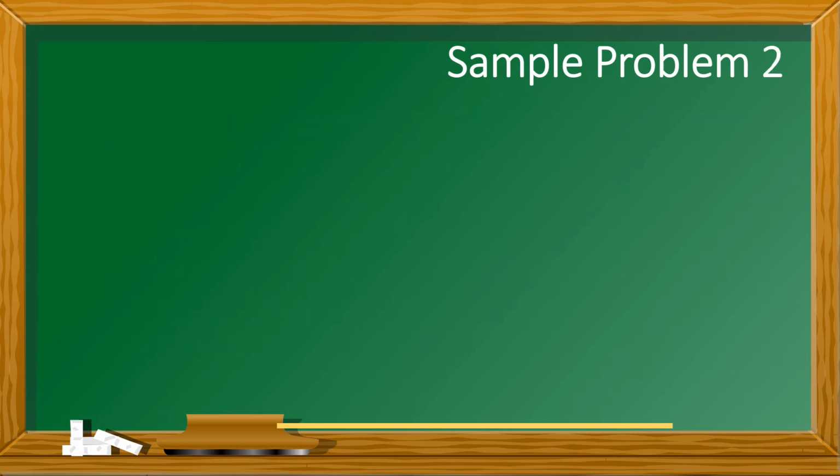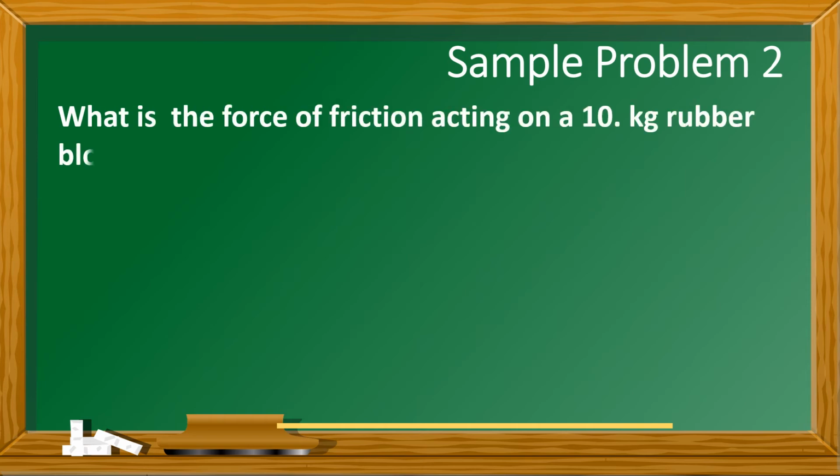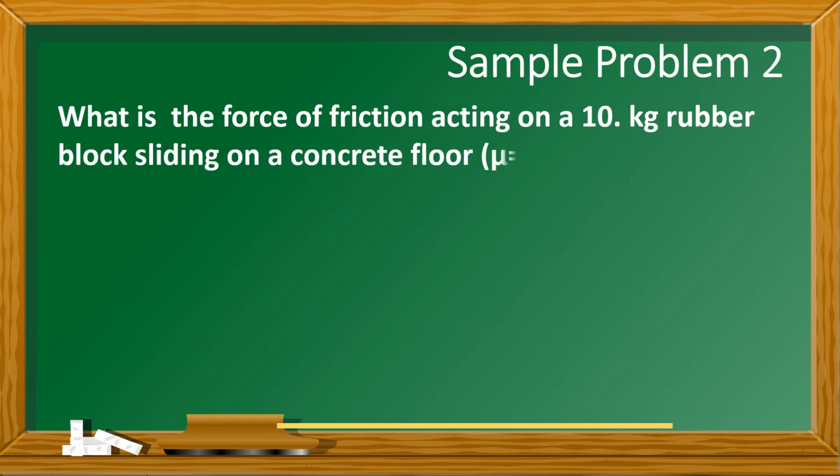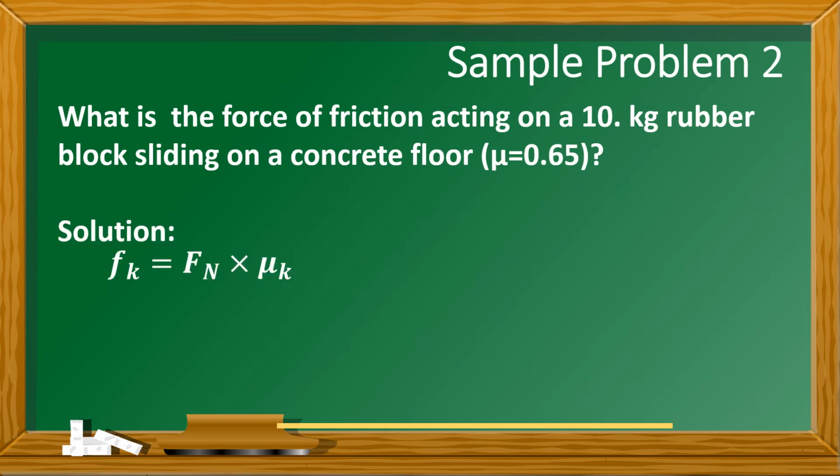Here's the next one. What is the force of friction acting on a 10-kilogram rubber block sliding on concrete, assuming that mu is equal to 0.65? Our solution, from the equation for kinetic friction, is F sub k is equal to F sub n times mu k.